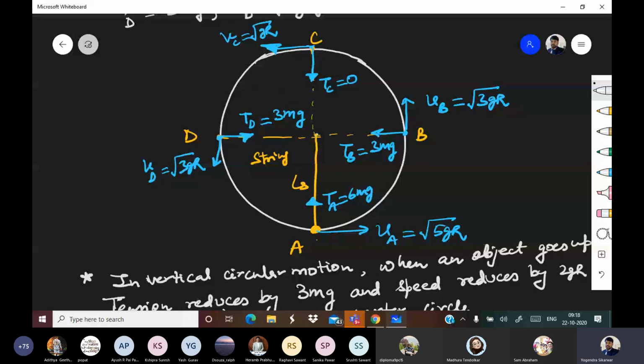Again it is decreasing by 3 mg. And speed is going from root 3 GR to root GR. Again it is reducing by 2 GR within the root. Clear, everyone? Any doubt, any question? Oh, good.